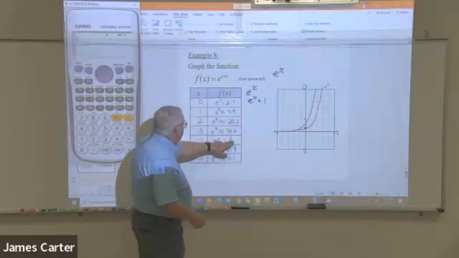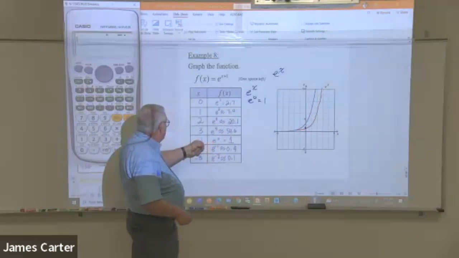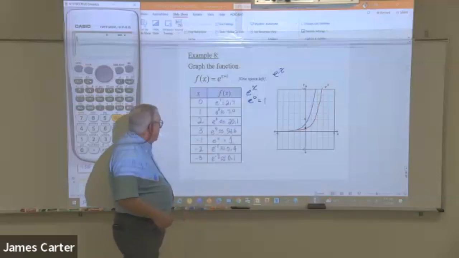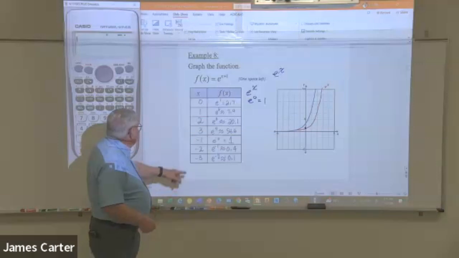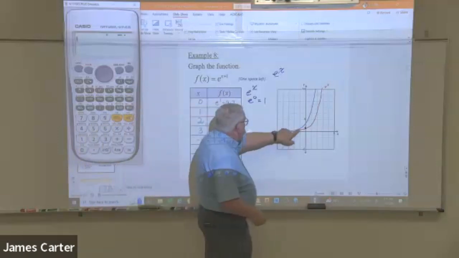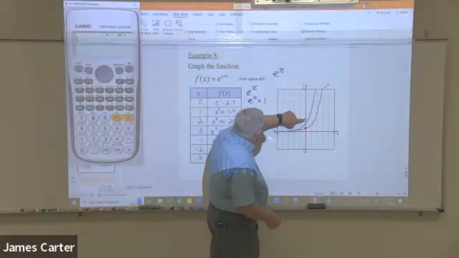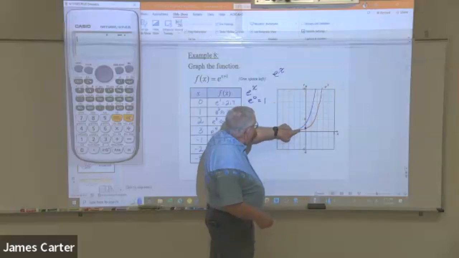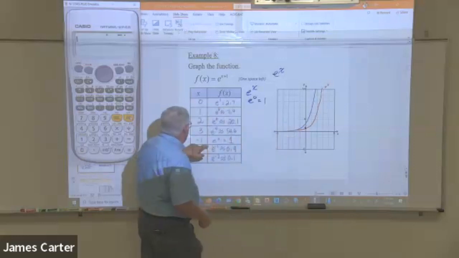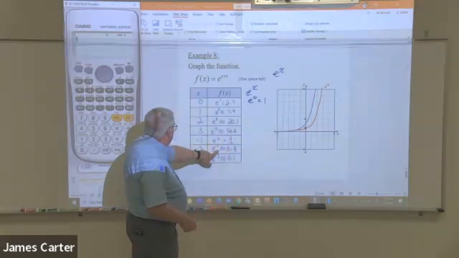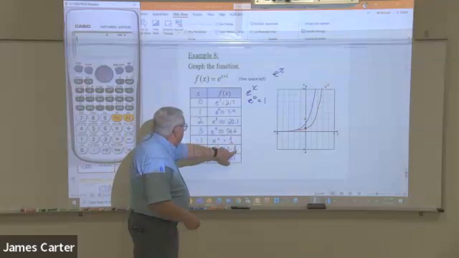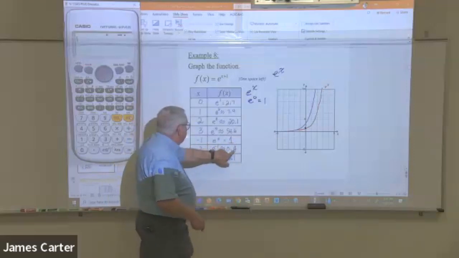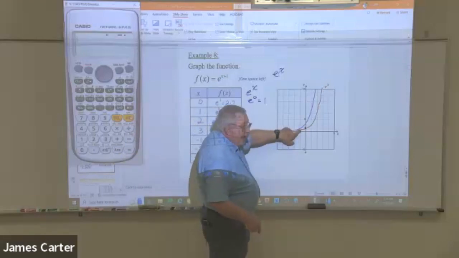Well, let's do some negative values. If it's -1, okay, you still get a 1. Notice this scale is by 2s. So right there, 1. Now here, if it's 0, it's still 1, just like before. If it's -1, it's about a half.